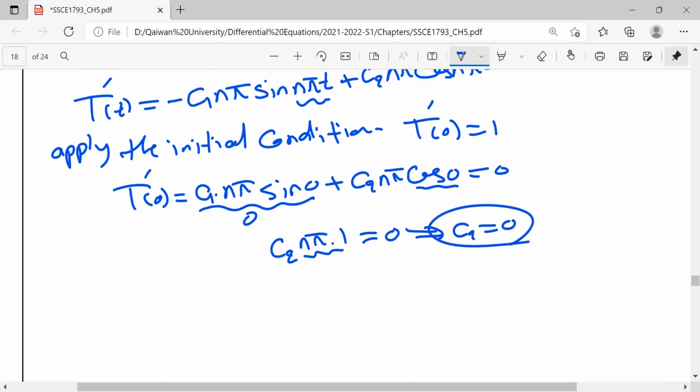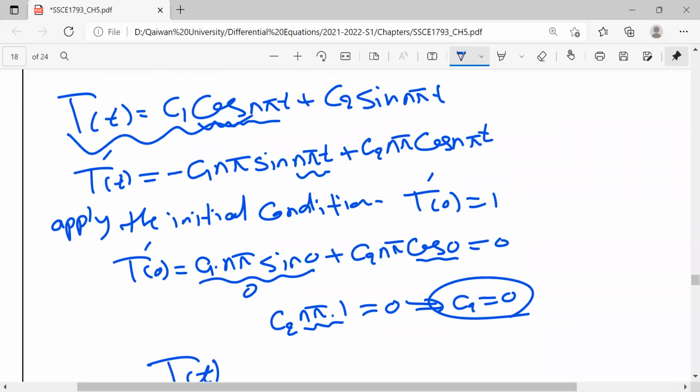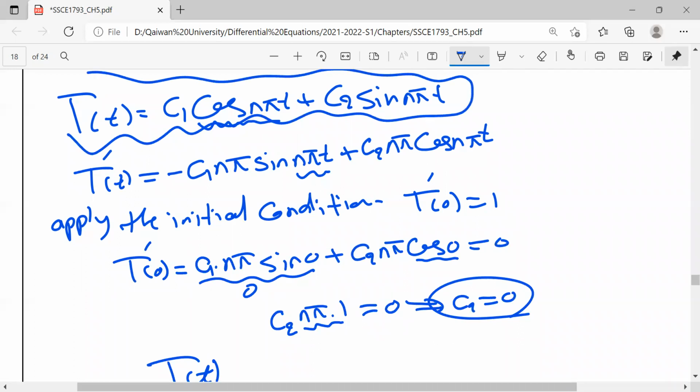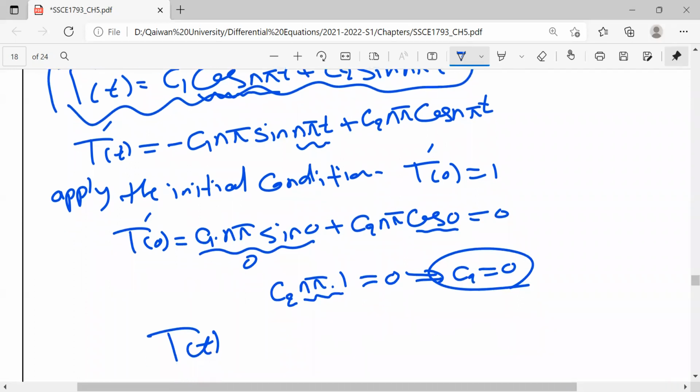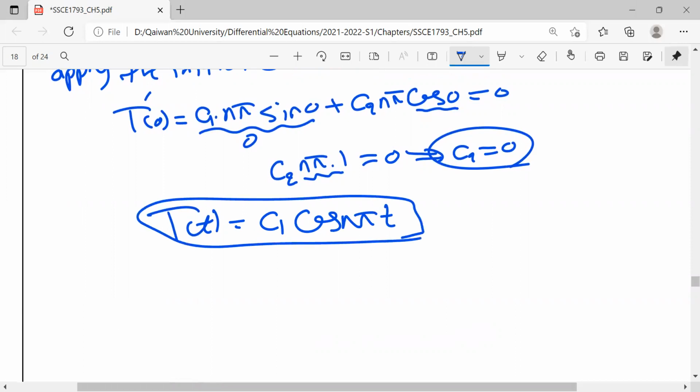Let's write down T of t here. In T of t, we replace C2 by its value. What do we get? We get C1 cosine n pi t. This is T of t.